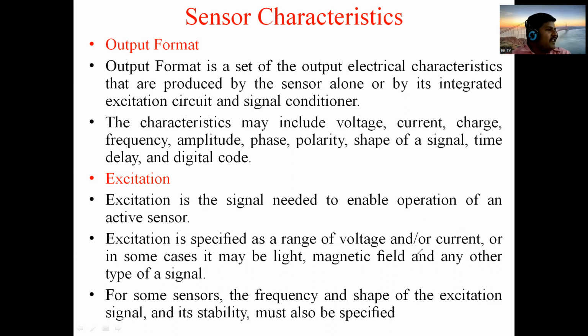If it is current, that is another format. If it is frequency, that is a different format. Depending upon the output format, we choose the interface circuit, so we want to understand the output format characteristics of that sensor.